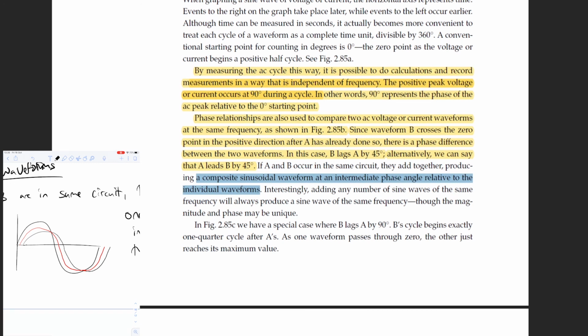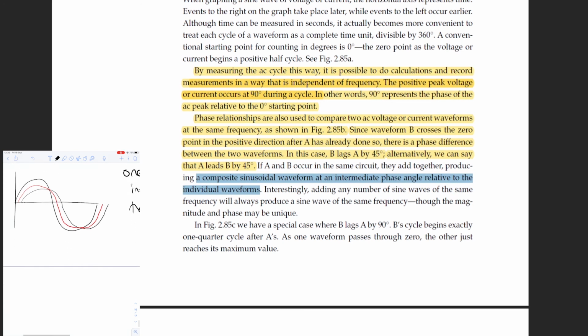Interestingly, adding any number of sine waves of the same frequency. So, what would be the same frequency? Like this, right? They complete the cycle in the same amount of time. Yeah, that's frequency, right? Adding any number of sine waves of the same frequency will always produce a sine wave of the same frequency.